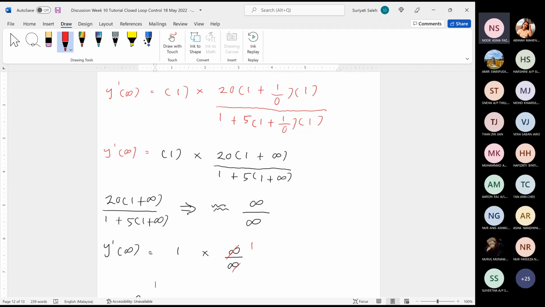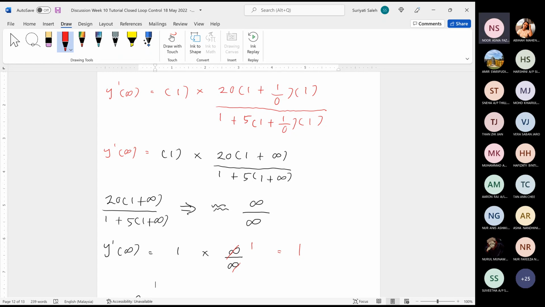You have the same number on the top and the bottom, on the numerator and denominator, so you can cancel each other and it becomes 1. So in the end, y prime infinity equals 1.